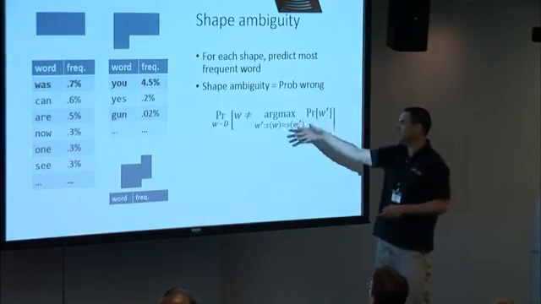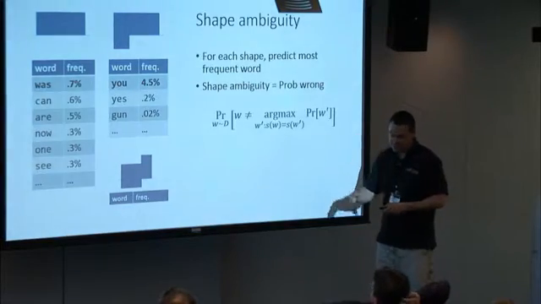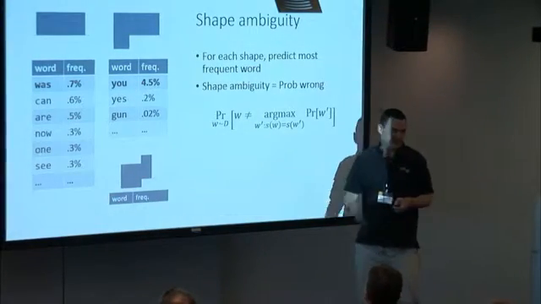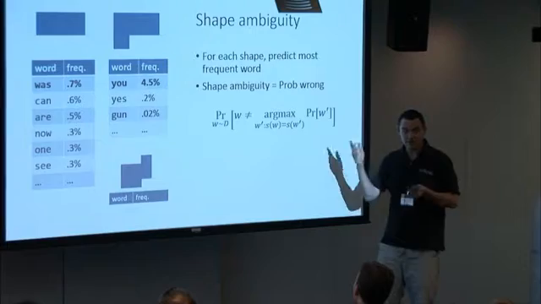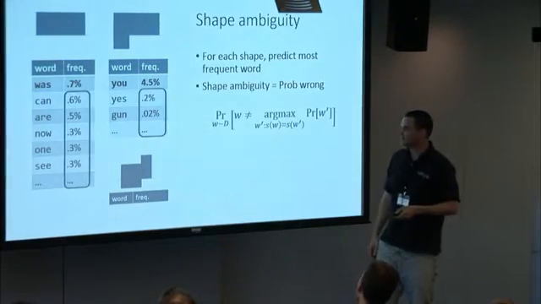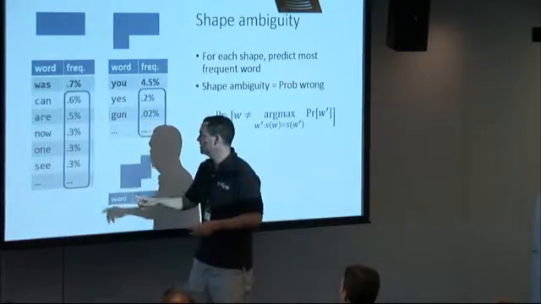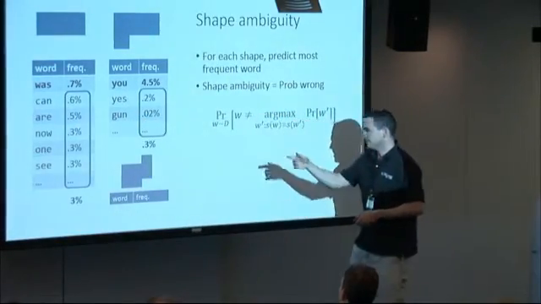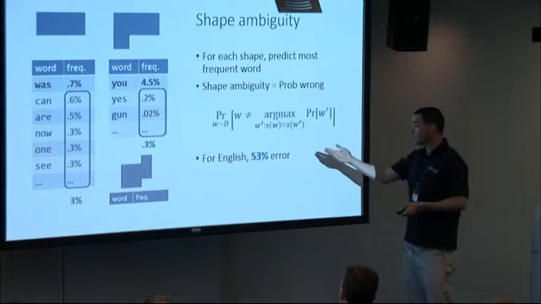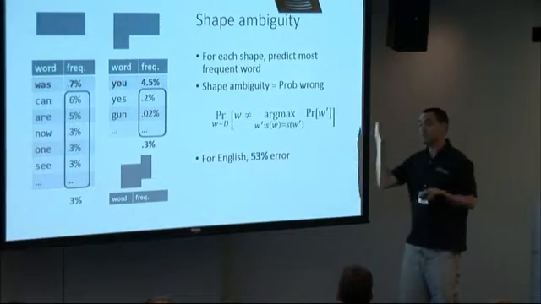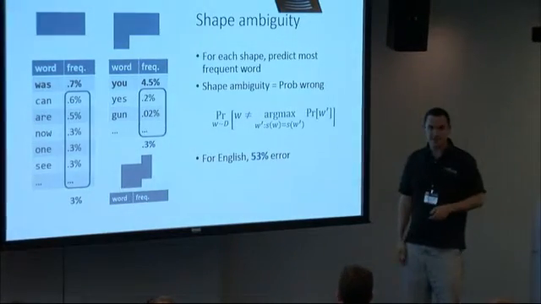You pick a random word from the dictionary and take your best guess according to the distribution of words that fit that shape, and ask how often am I right? So the error is these. You'd get it right for the, you'd get it right for was, you'd get it wrong for all these. What's your error? It's pretty easy to figure out. For English, it's about half. So half the time you'd be right, just from the shape, which is kind of interesting.